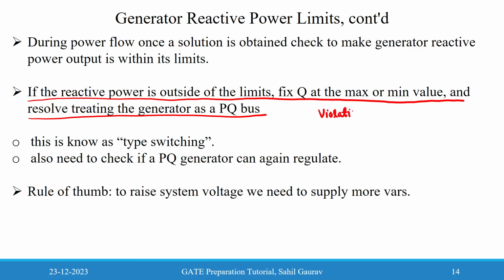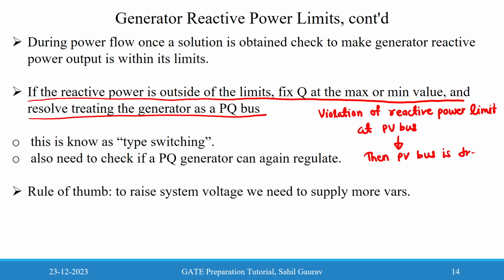Violation of reactive power limit at a PV bus, then the PV bus is treated as a PQ bus, right?